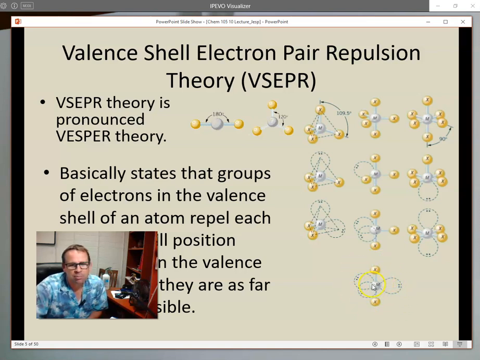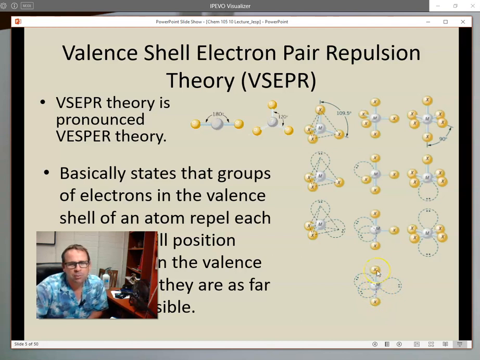So we have a central atom, and we have one region of bonding density here and another one down below. So it's a linear molecule, right? Can you see that? So the shape of the molecule is linear. The shape of the regions of electron density is still trigonal bipyramidal, but the shape of the molecule is linear.